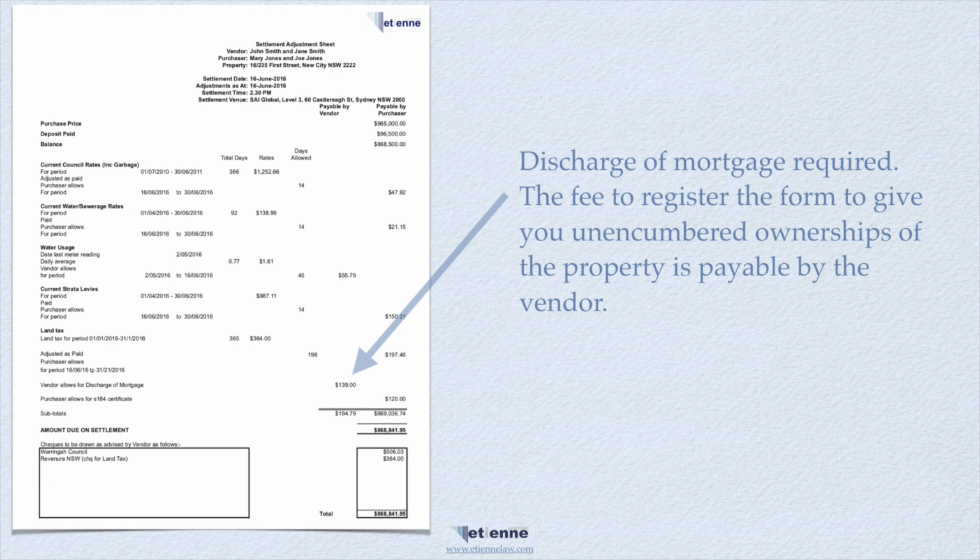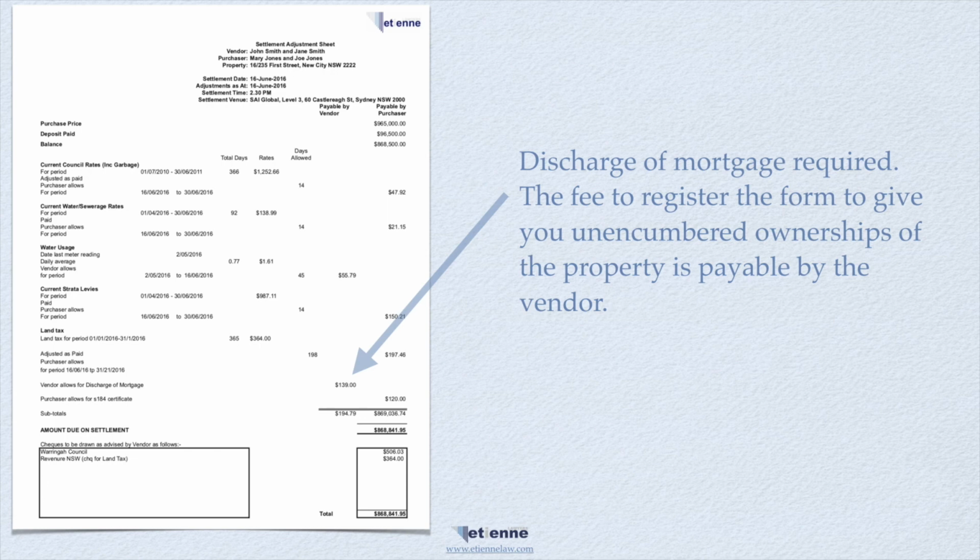We then consider if the vendor has to discharge an existing mortgage. We see this from the certificate of title in the contract. Where there is an existing mortgagee, the vendor has to pay you the then current land registration service fee for the lodgement of a discharge of the vendor's mortgage.